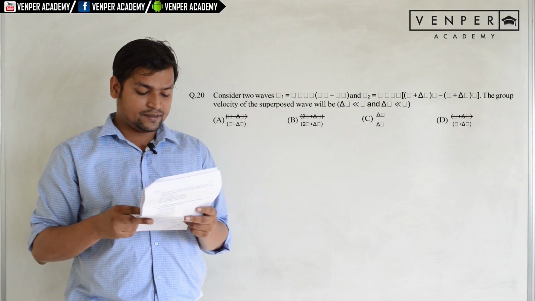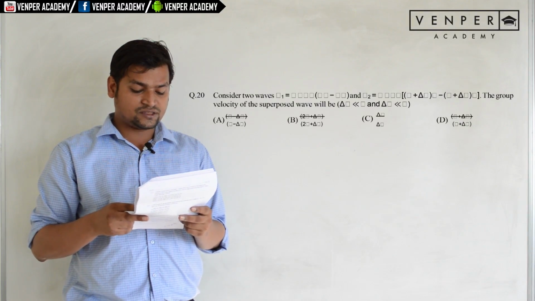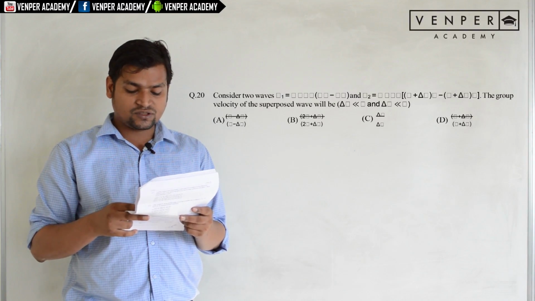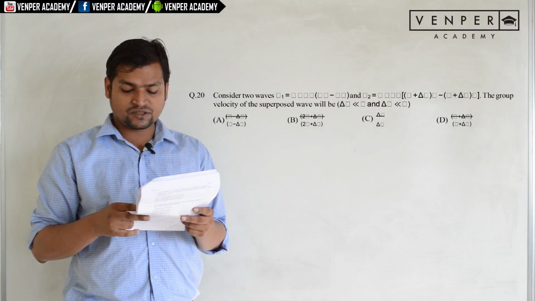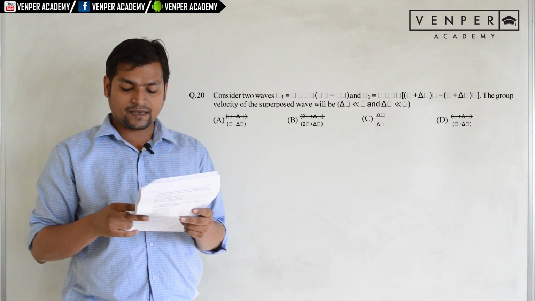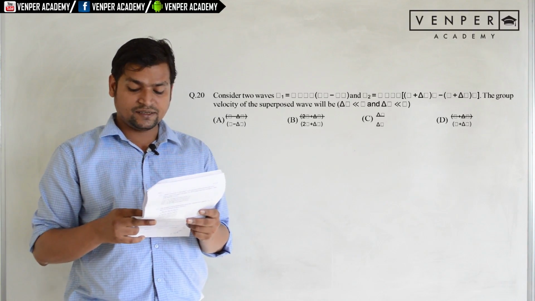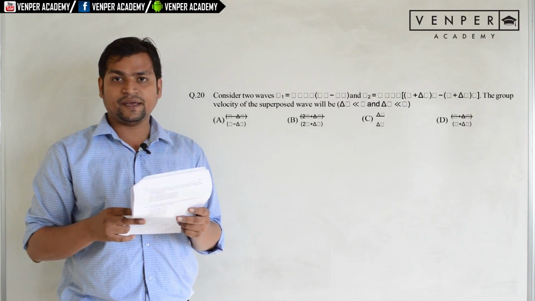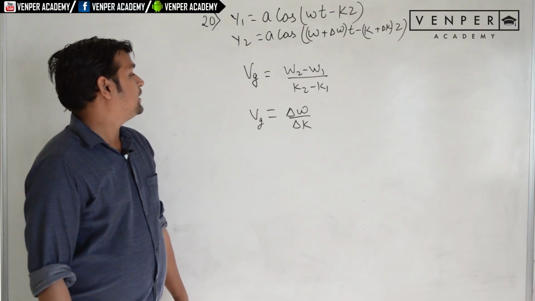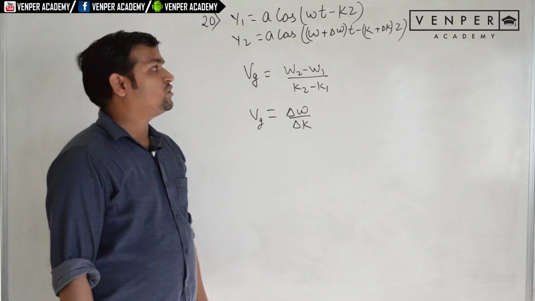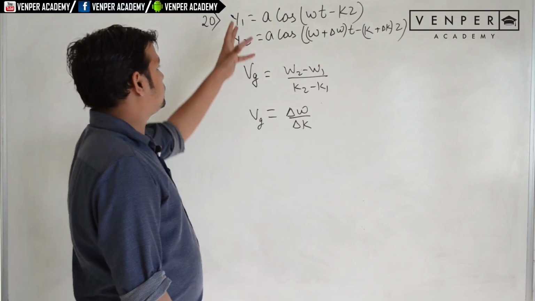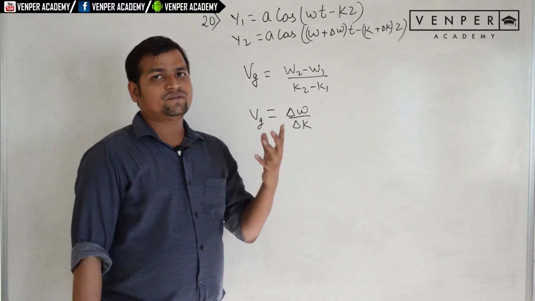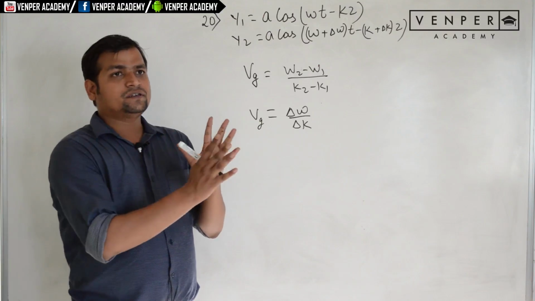Now question number 20. Consider two waves, y1 is equal to a cos(omega t minus kz) and y2 is equal to a cos((omega plus delta omega)t minus (k plus delta k)z). The group velocity of the superposed wave will be? They are asking for the group velocity of the two given waves.